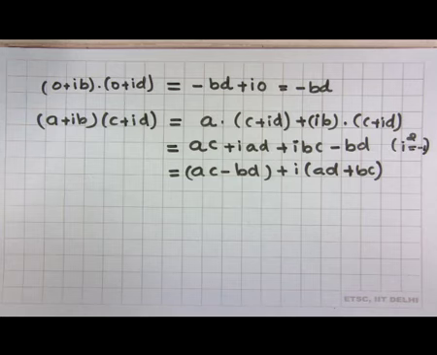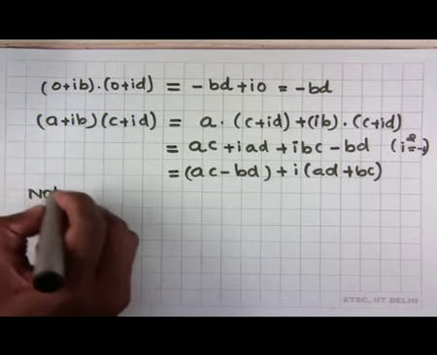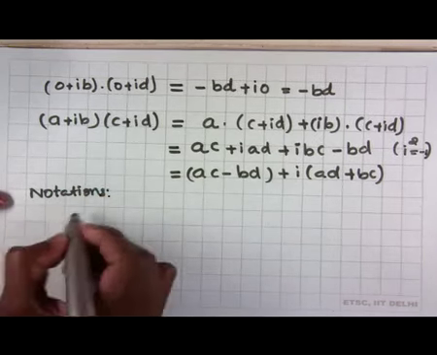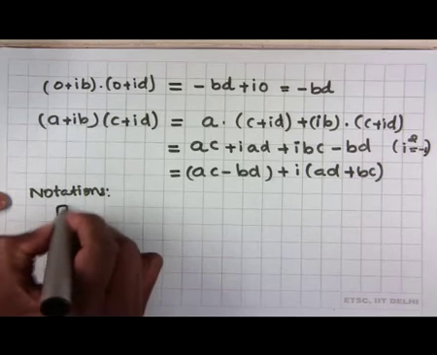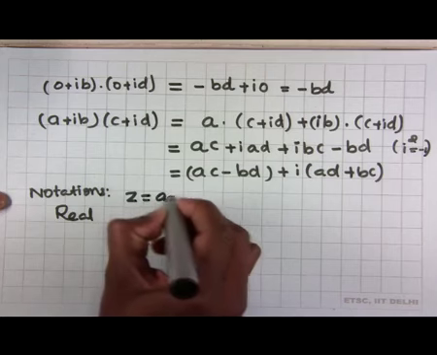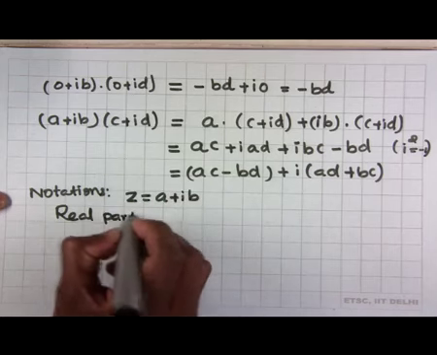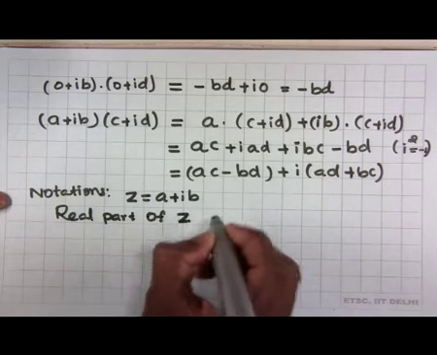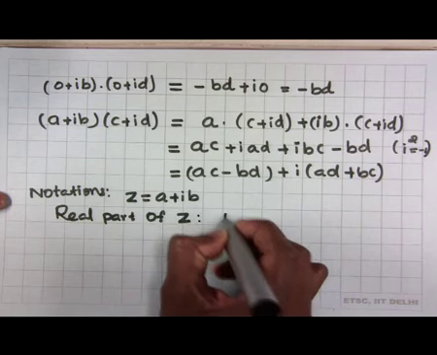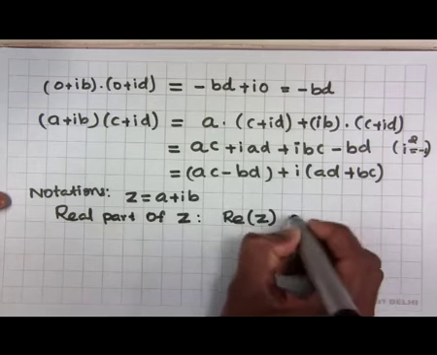Now, let me introduce some more notations. Let us say that z is a plus i b. The real part of z is defined as Re z, which is a.